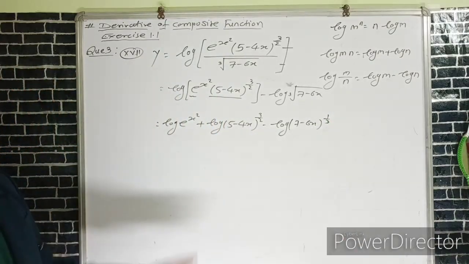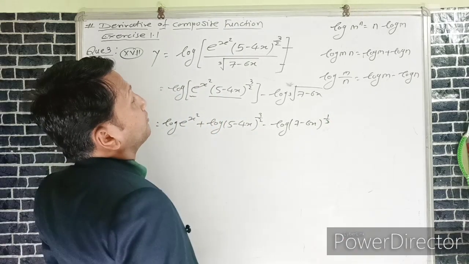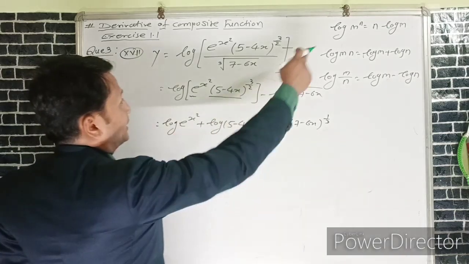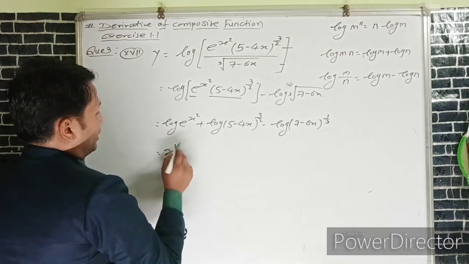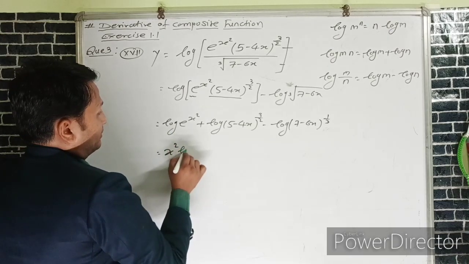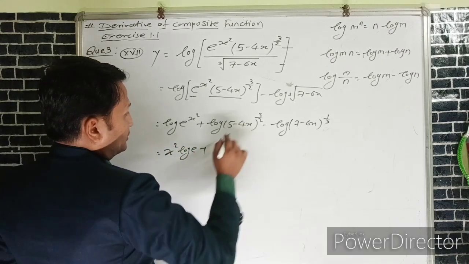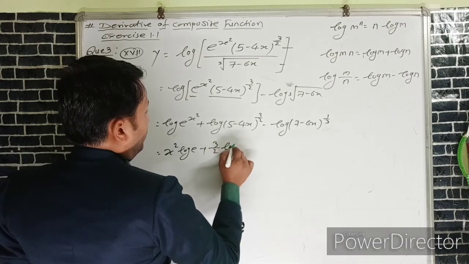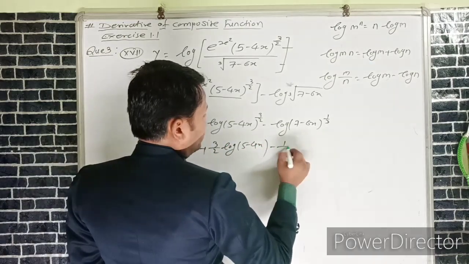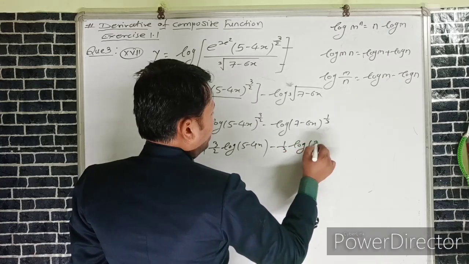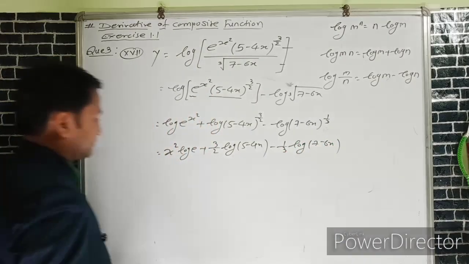After that, again we can apply the rule log of m raised to the power n is n log m. Hence we can write x square log e plus 3 by 2 log of 5 minus 4x minus 1 by 3 log of 7 minus 6x.